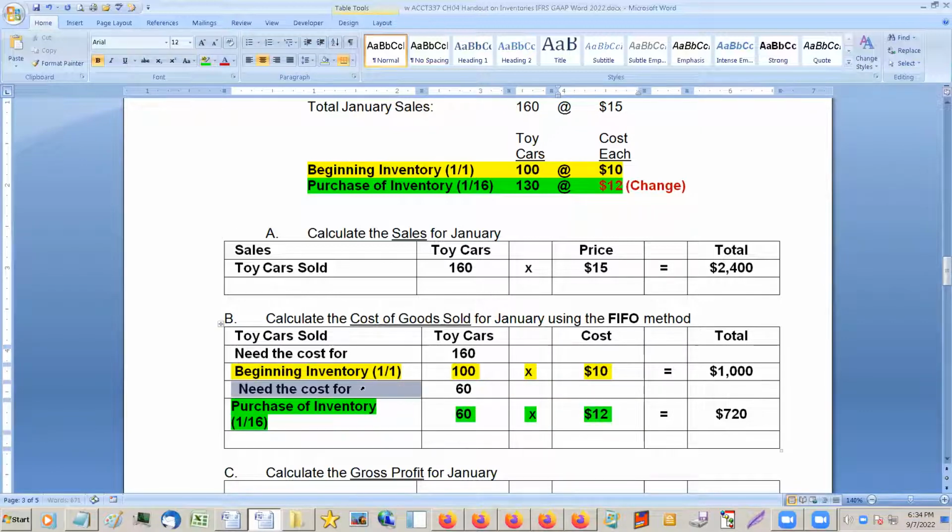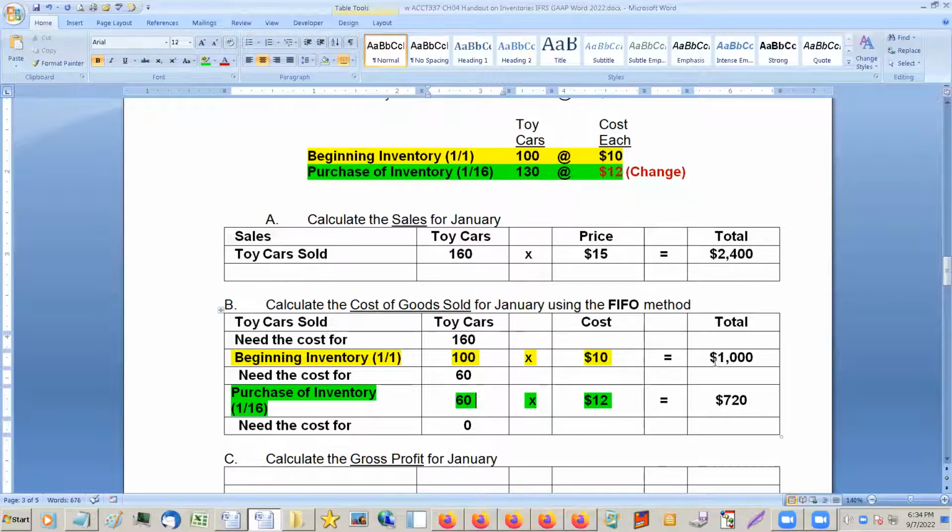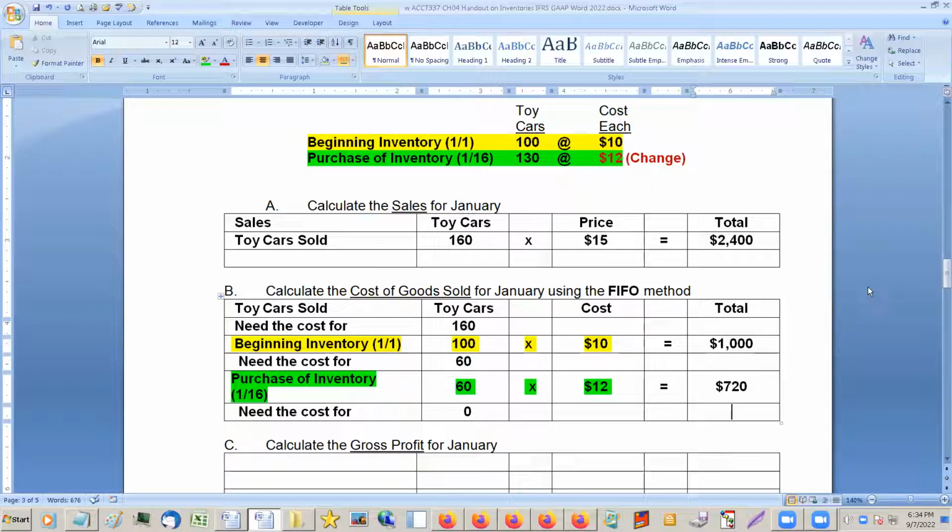We don't need any more costs because we just found all of them. We have 160 cars of costs, and so our total cost will be 1,720.